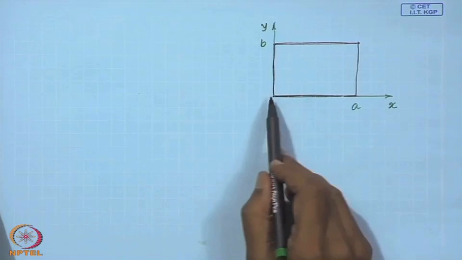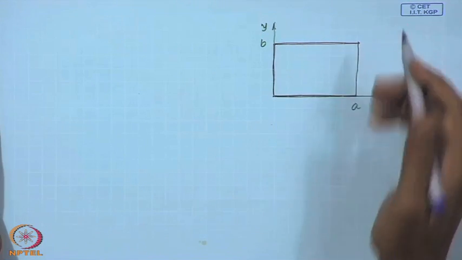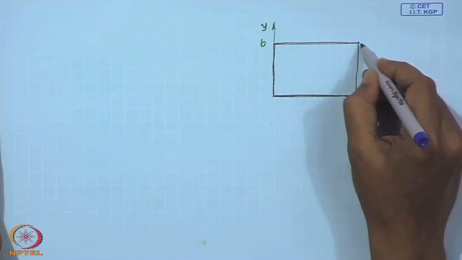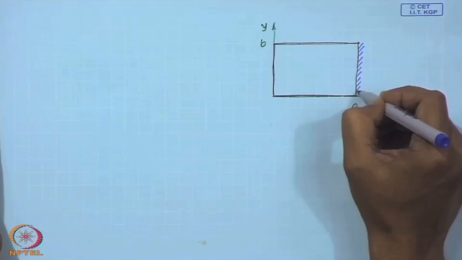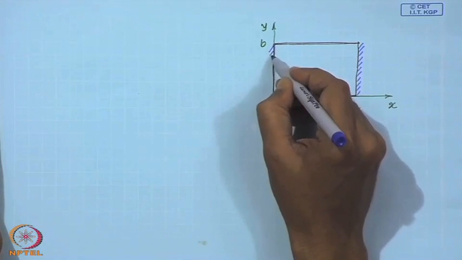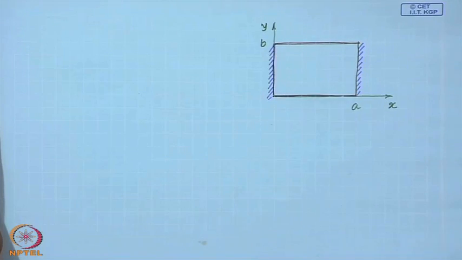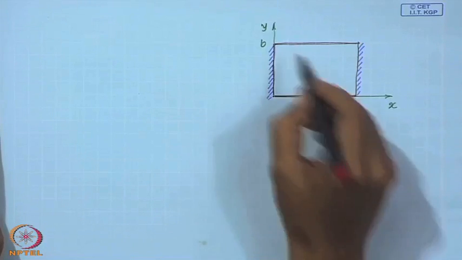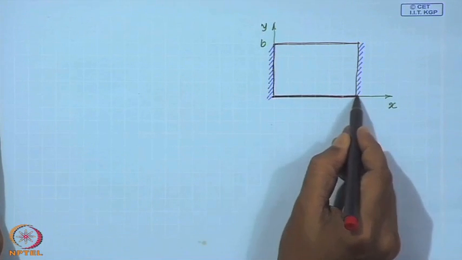In the x direction the length is a and here it is b again. Now, we will assume that this side is simply supported and these two sides are clamped.